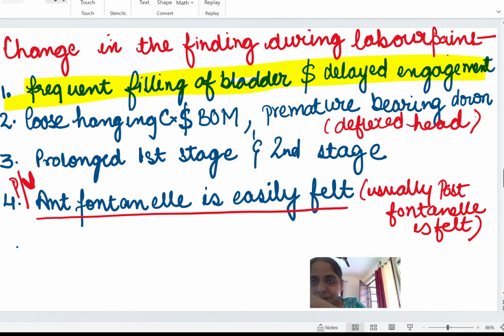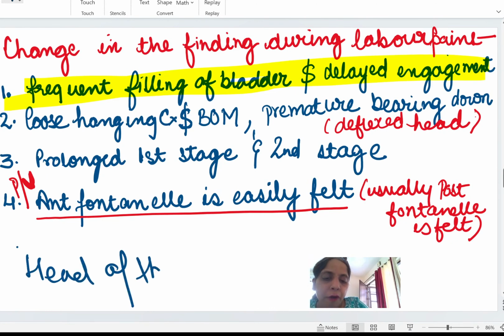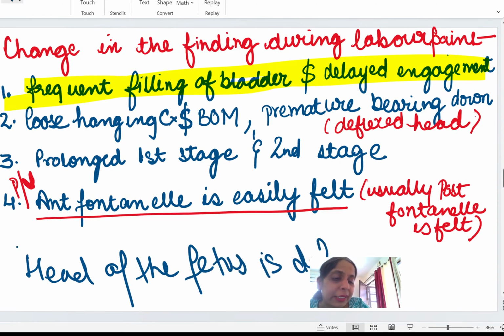Very important findings, very important for FMG. Occipito-posterior is very favorite.